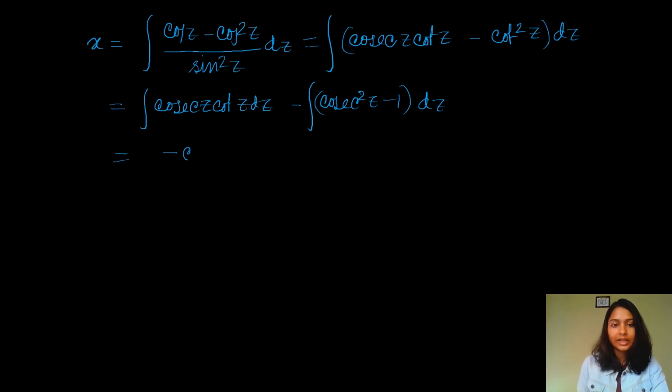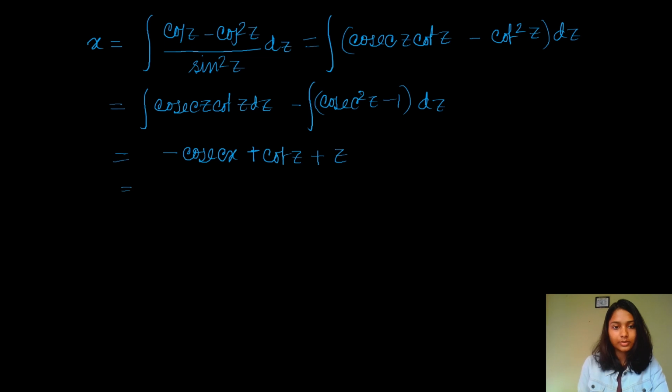It will become minus cosec z. There is a minus integration cosec square z. So integration of cosec square z is minus cot z, so it will become plus cot z. And there is plus integration dz, it will become z.